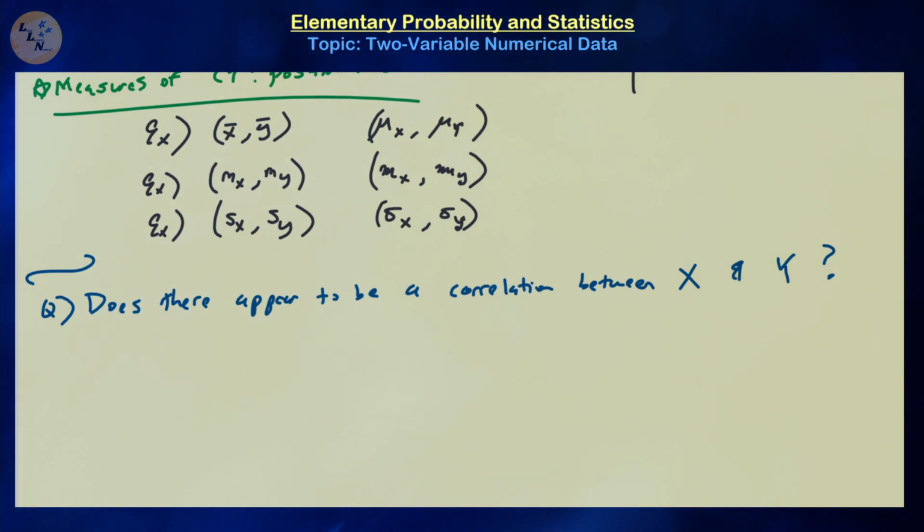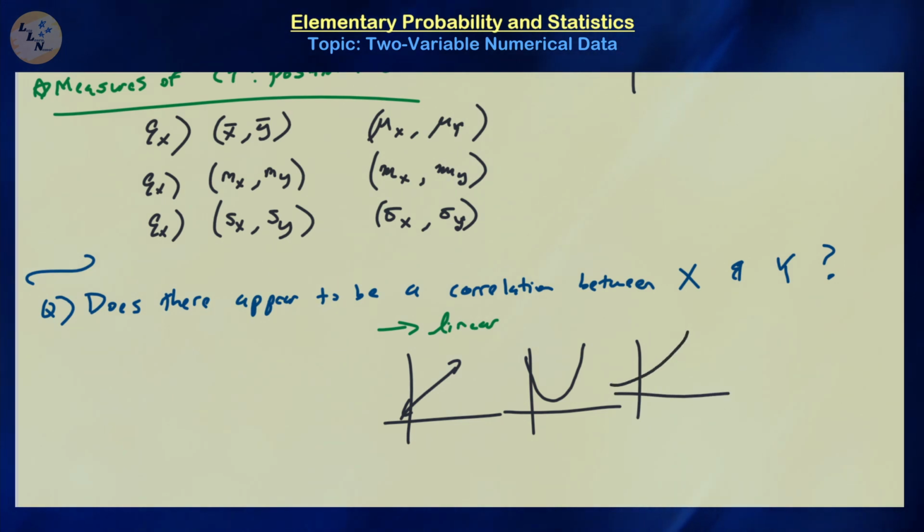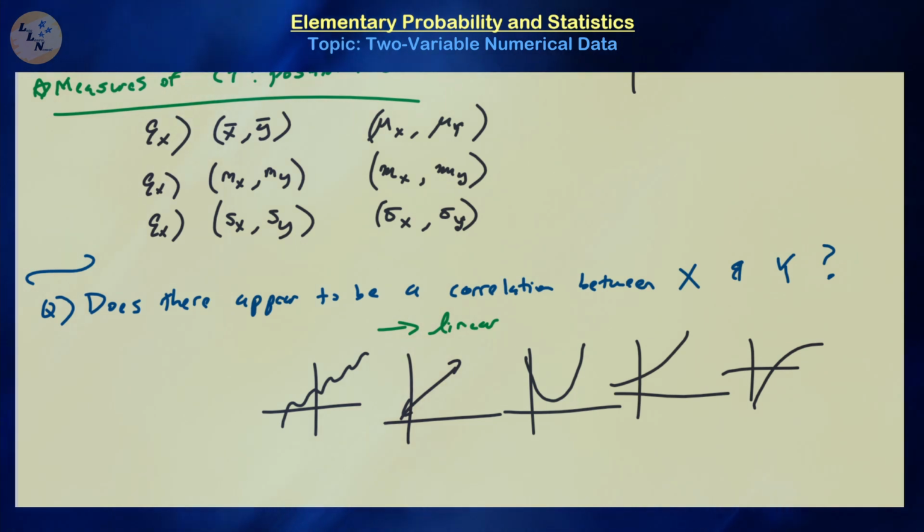The easiest correlation that we usually study would of course be a linear correlation. So of course as one increases, the other will increase or decrease or do something like that. But this is not the only type of correlation that one could have. For example, one could have a parabolic correlation, an exponential correlation, a logarithmic correlation, a sinusoidal correlation, one could have a variety of different correlations.